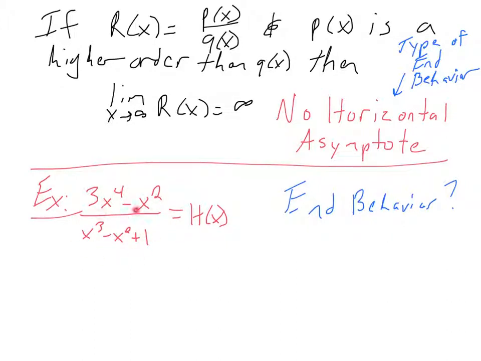So anytime we have an improper rational expression where the top is a higher order than the bottom, we want to divide that out. So we're going to set up our polynomial long division, which I'm going to do on the next page because there's not going to be enough room otherwise. The function again was h of x equals 3x to the fourth minus x squared over x cubed minus x squared plus 1.